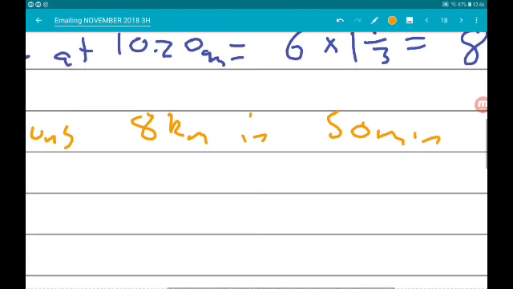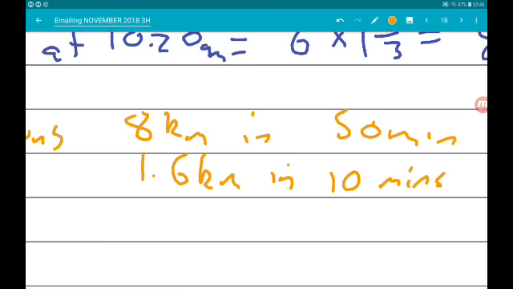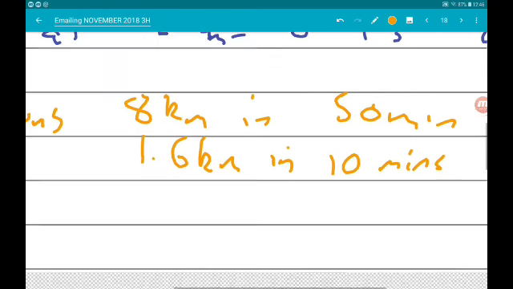Divide both sides by 5. So that's 1.6 kilometers in 10 minutes. And then we can work out his speed per hour, which is 60 minutes. So multiply both sides by 6. So we get Joe's speed is 9.6 kilometers per hour.